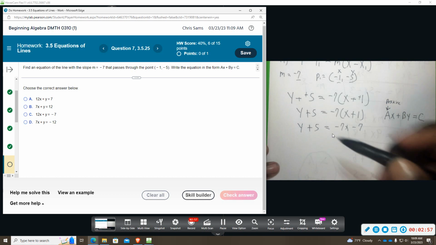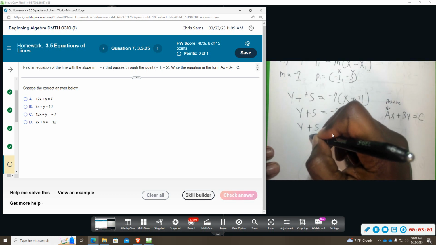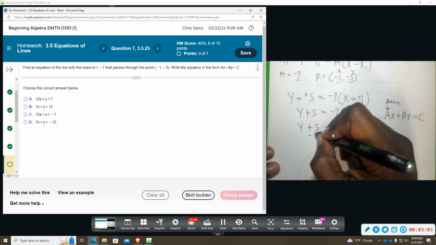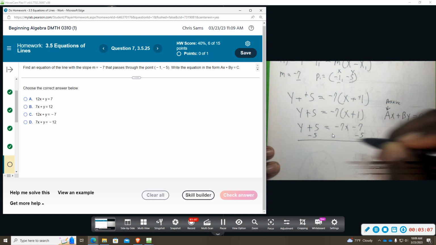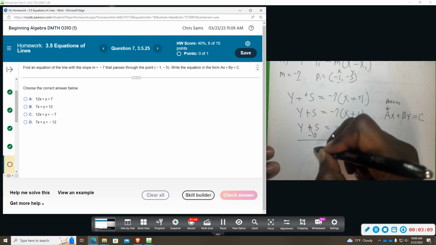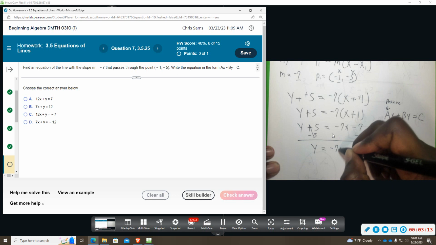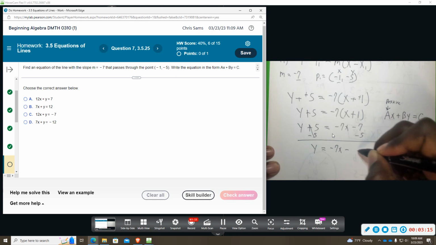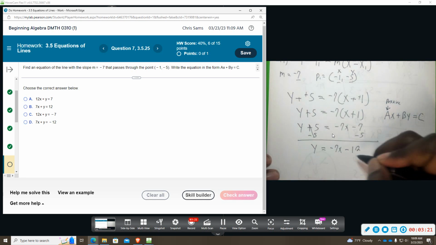So I'm going to move the 5, subtract 5. That will leave us with y equals -7x minus 12. And then to get x on the same side, I'm just going to add the 7x. So it's in slope intercept form, but I'm going to move it because I want it in standard form.